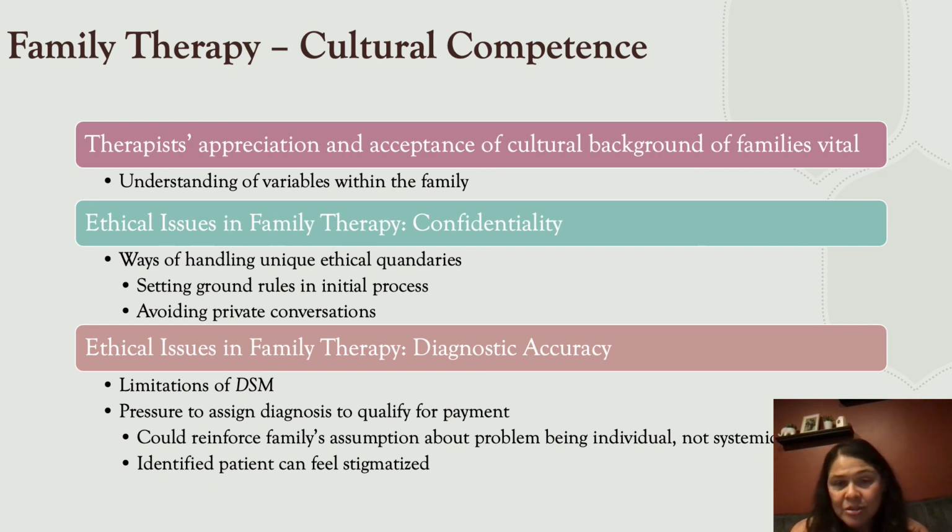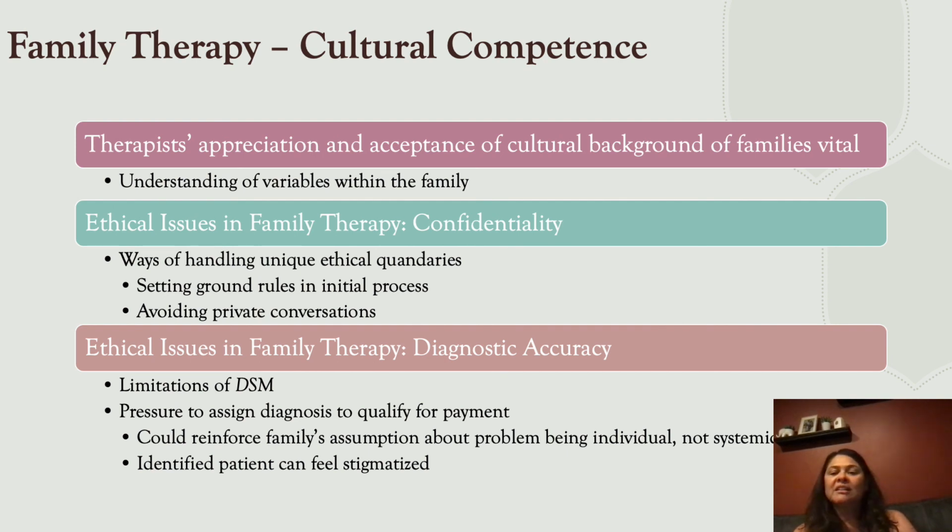Other ethical issues is diagnostic accuracy. This is a limitation really more of the DSM, the Diagnostic and Statistical Manual of Mental Disorders. There is pressure to assign a diagnosis to qualify for payment, right, for healthcare systems and for managed care and insurance. They might require family therapists to assign some DSM diagnosis to at least one family member, and the family therapist might feel pressured to do that because they want to work with the family and the family can't afford it if it's outside of the insurance.